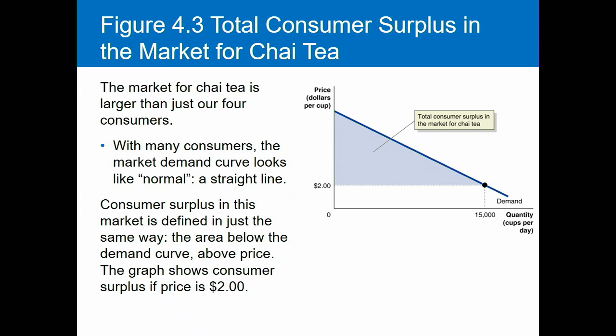So all this entire area. Everyone's paying $2 in this example for tea, but some of them value it much more. Anyone who values it at more than $2 is getting some sort of surplus, because they're only being charged $2. So we have all these people being made better off by engaging in these market transactions.